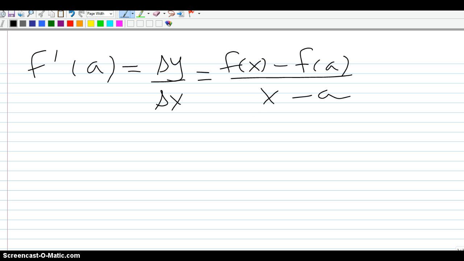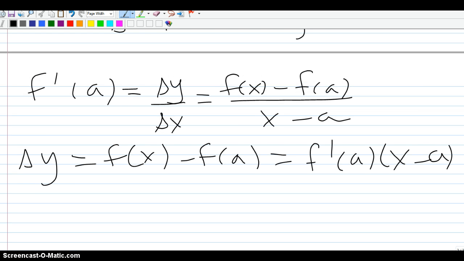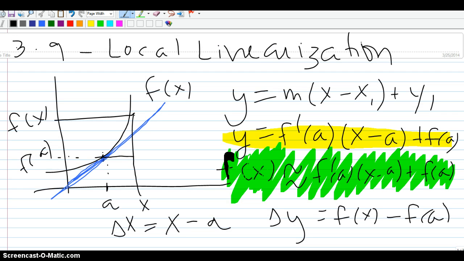So notice now I can also solve, and we can express that change in y, just this numerator part, f of x minus f of A, as the same as f prime of A times x minus A. So if we go back up here for a second, we notice that the change in y right here I can write as f prime of A times x minus A. That just represents the change in y.